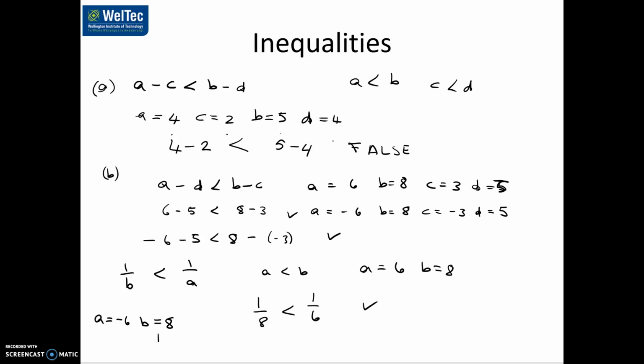So then 1 over B is 1 over 8, and 1 over A is 1 over negative 6. Is that true? No, it's not. So it's true for positive numbers of A and B, but it's not true for negative numbers.